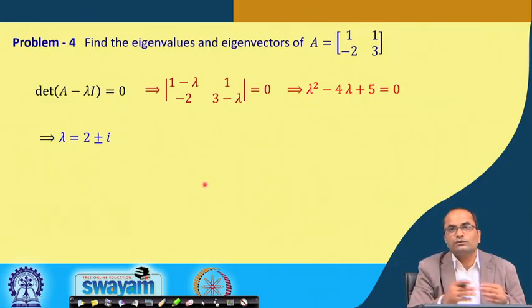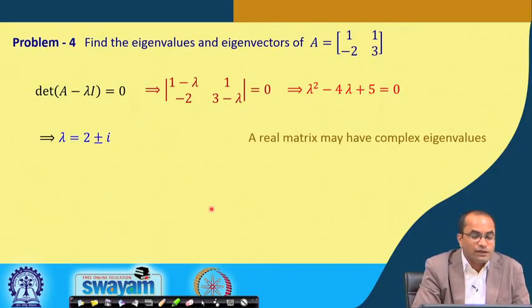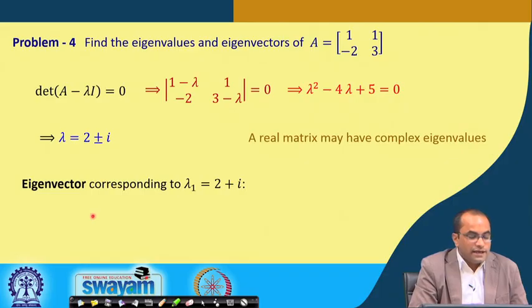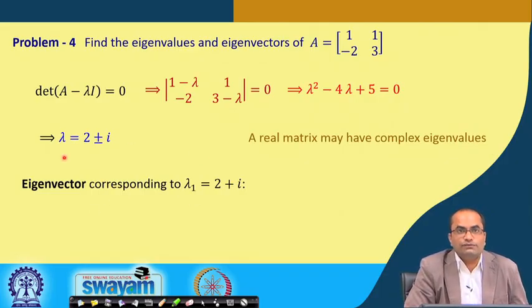So, that again shows that the matrix entries may be real, we can have a real matrix, but still we may get complex roots of this characteristic equation, meaning the eigenvalues may be complex. So, a real matrix may have complex eigenvalues, that is the remark. Now the eigenvectors corresponding to 2 plus i, the first eigenvalue.